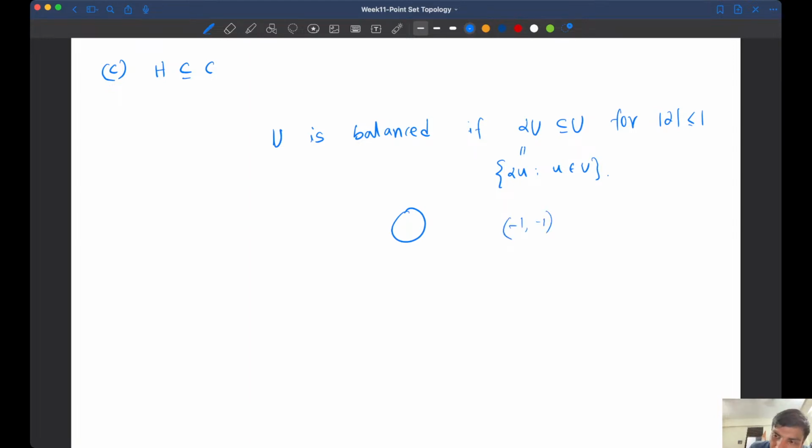But if I take discrete entries in the same interval, like minus 1, so that is saying that definitely your balanced set must be infinite.